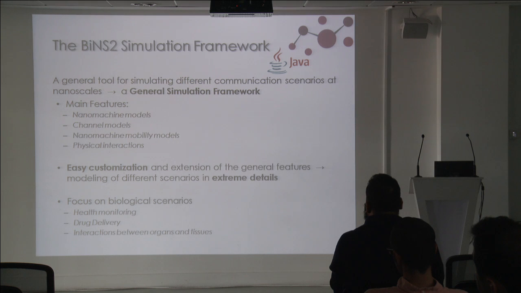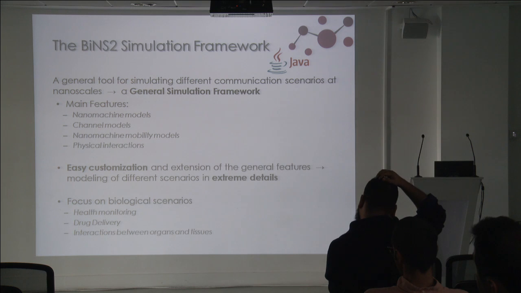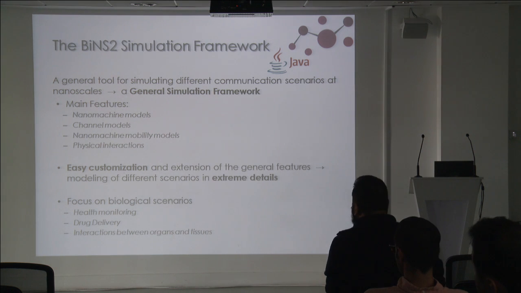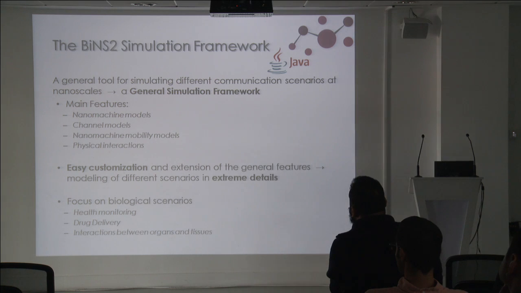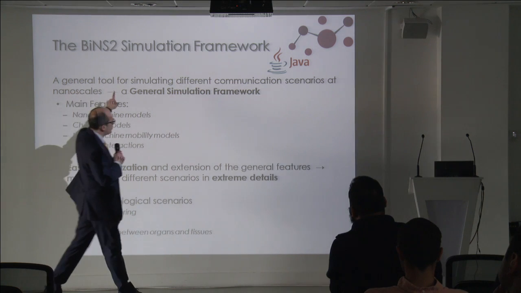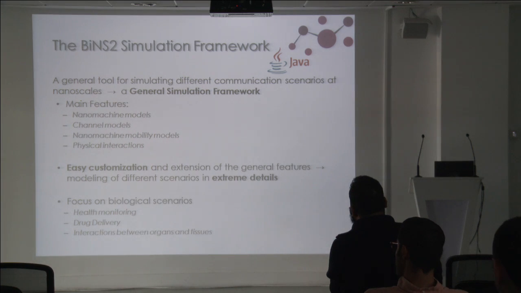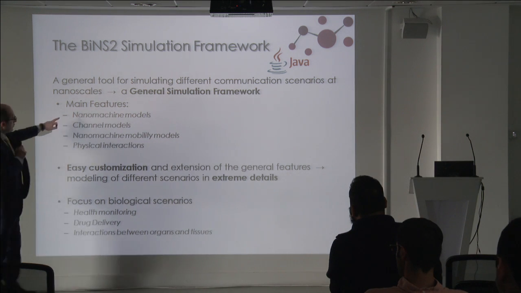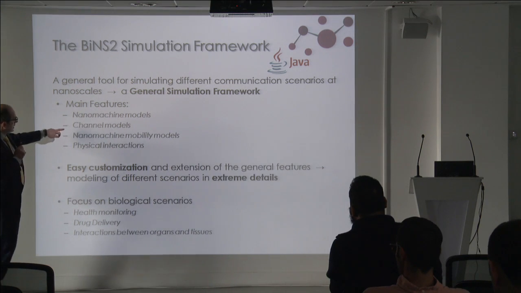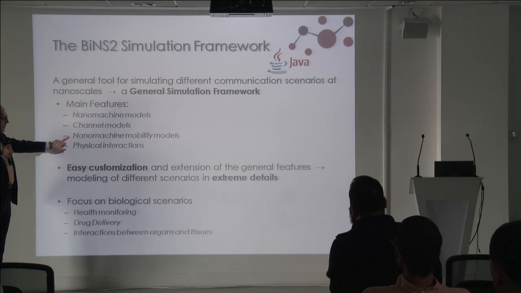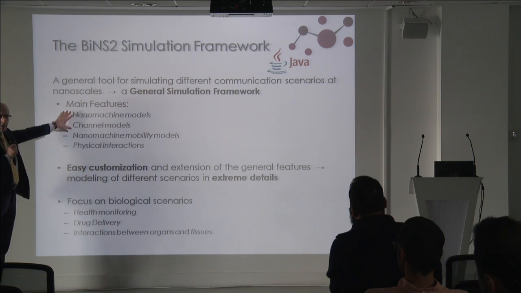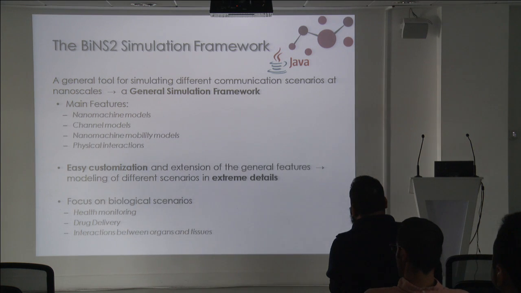So now in the rest of my presentation, we show you how the environment that I have illustrated so far can be implemented by using this simulator, BEANS 2, which is a simulator implemented in Java. The main feature of this simulator is to implement, not just to describe, but to implement nanomachine biological models, channel models, nanomachine mobility models, and the physical interaction between these elements.